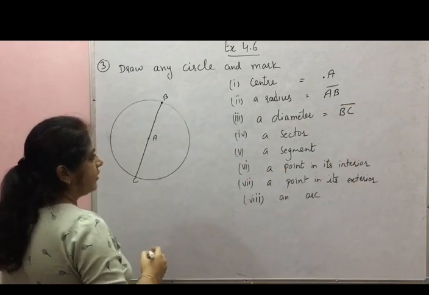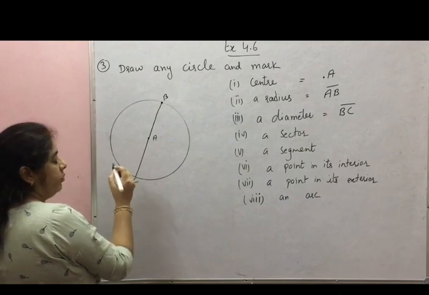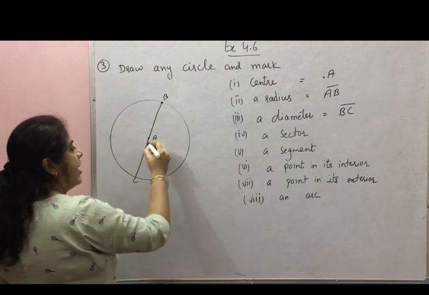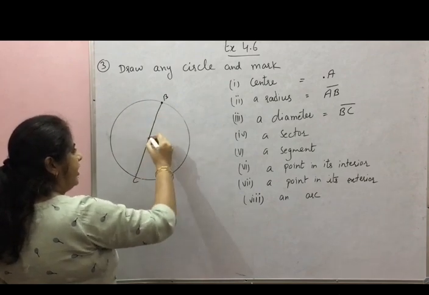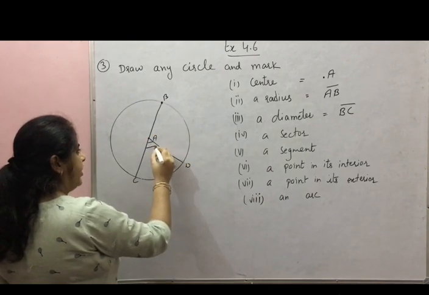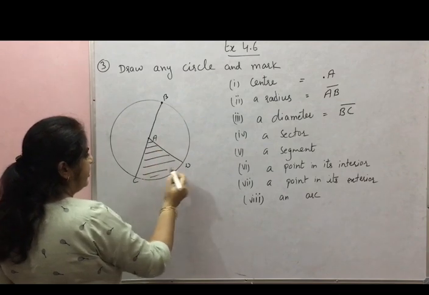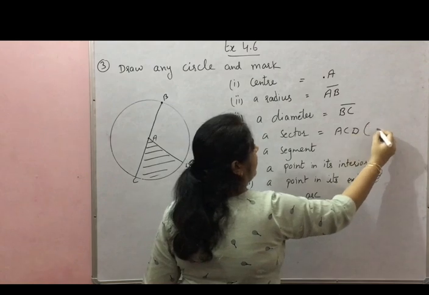Sector: a sector is the interior part of a circle enclosed by two radii and the arc of the circle. You can take this radius AC and take one more, this D. So ACD, shaded part.